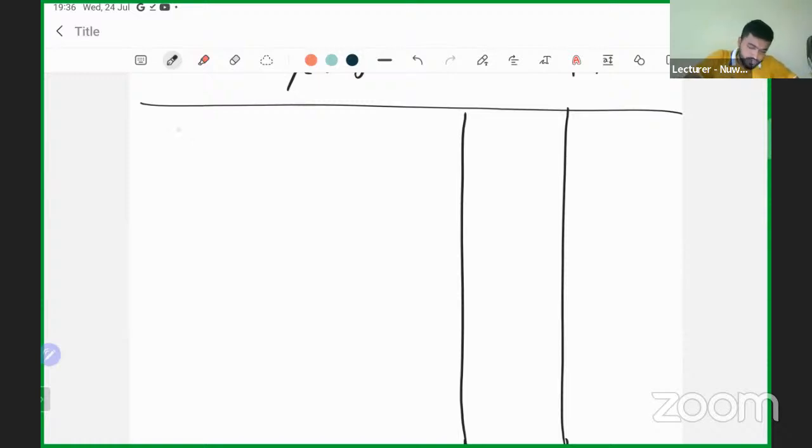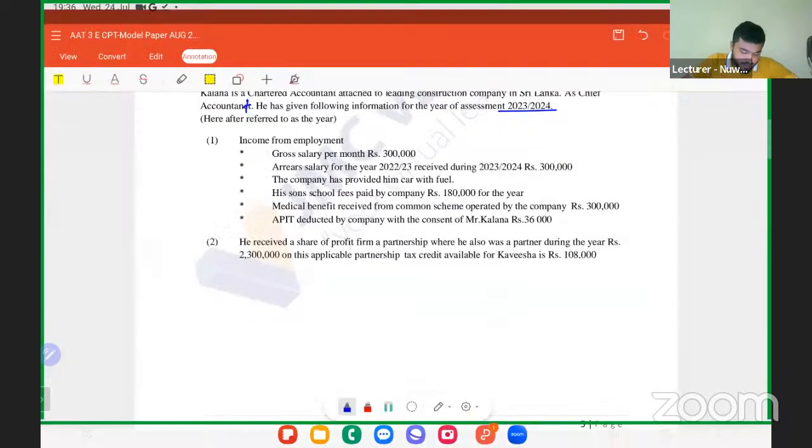Before drawing this structure, you should read the whole question. Then you can identify the available income sources. Under this, you know how many income sources there are.